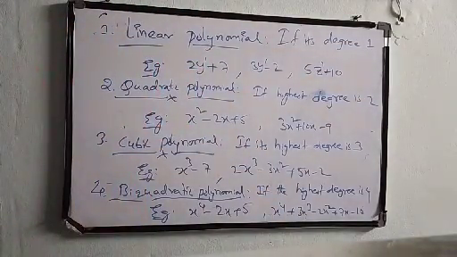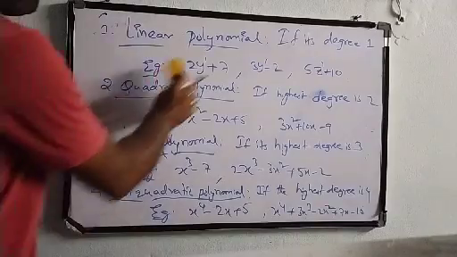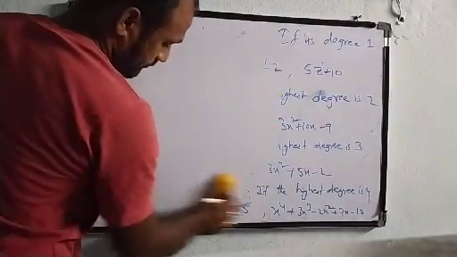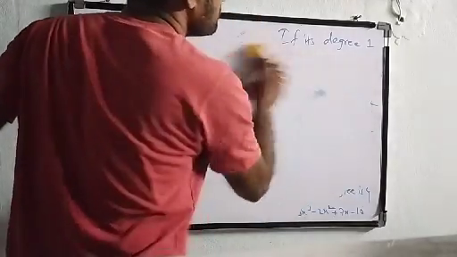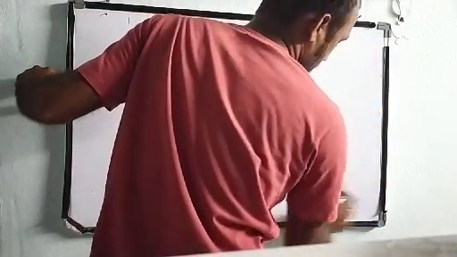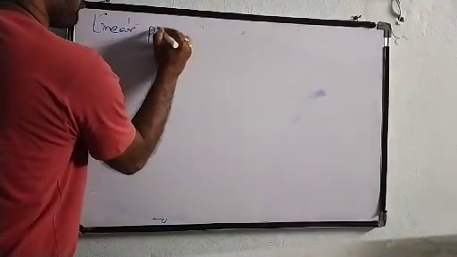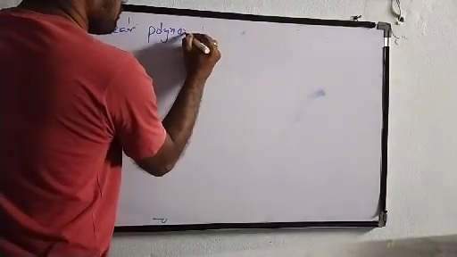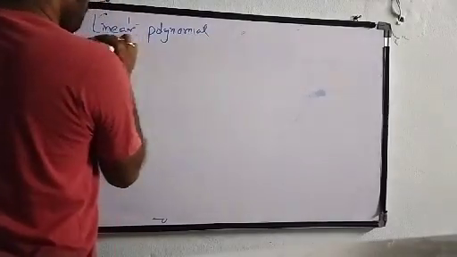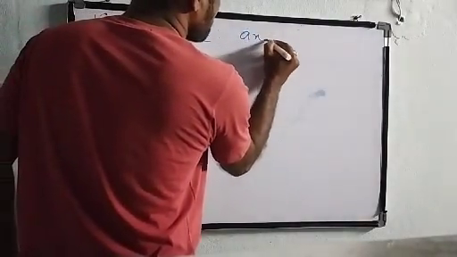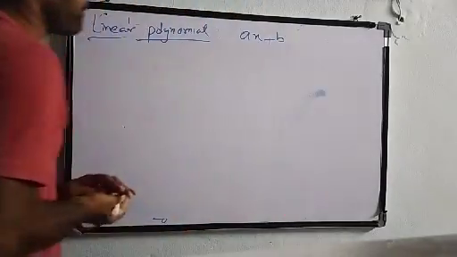Now let us see the standard forms of these polynomials. So we have linear polynomial. The standard form of the linear polynomial is ax plus b. So we have to remember the standard forms.